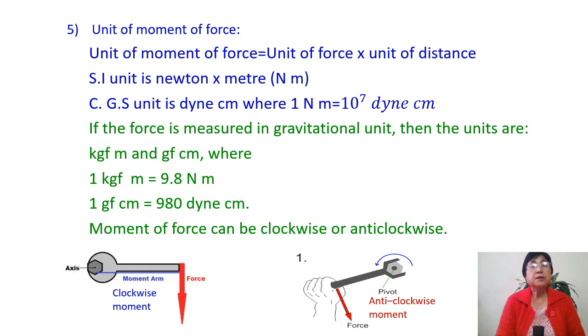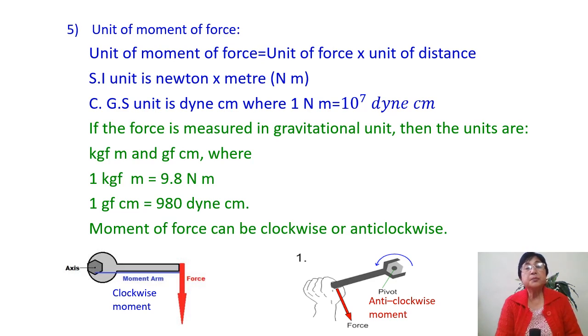Okay, because CGS unit of force is dyne, CGS unit of distance is centimeter, so CGS unit of moment of force is dyne centimeter, where 1 Newton meter is equal to 10 to the power 7 dyne centimeter. This is the relation between the two types of units.